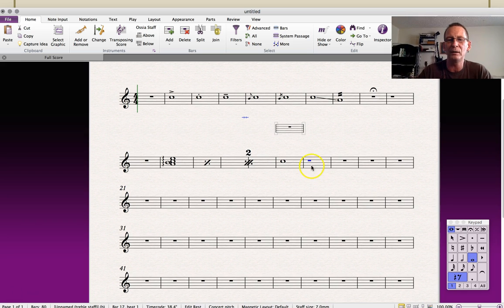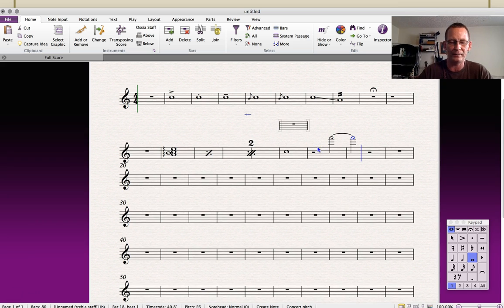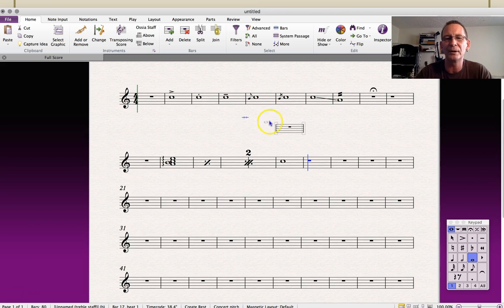So if you decide that you're going to put a note up here, it's going to create lines for you automatically, so you don't have to worry about that too much. But this here is to have up above some measure an optional run or something like that that might be happening in the score. So you'd be looking around and going, what the heck is that? There's another staff up there. Well, there are a couple different options to play that.